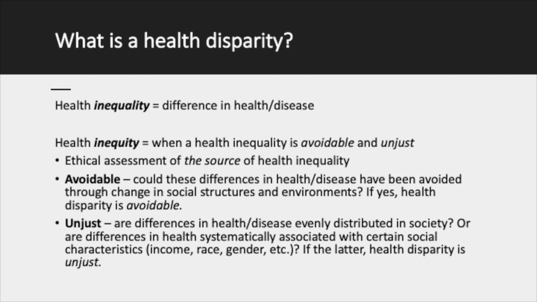So do we systematically see income differences in cardiovascular disease, with those who are lower income consistently having a higher prevalence? If so, that suggests that there's an injustice here, right? That there is something related to power or resources that systematically leaves one group with poorer health compared to another.